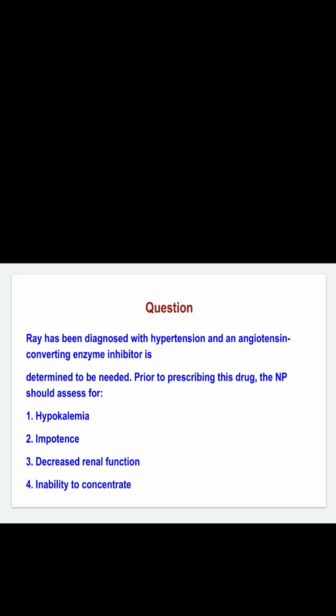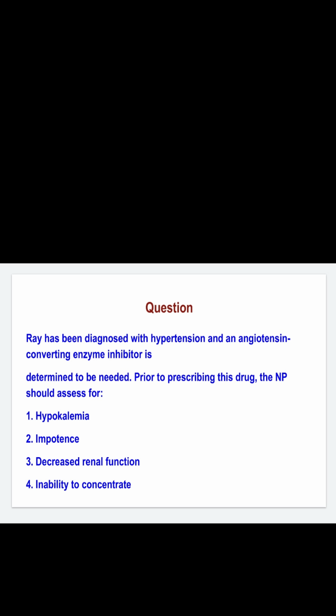Next one: Ray has been diagnosed with hypertension, and an angiotensin converting enzyme inhibitor is determined to be needed. Prior to prescribing this drug, the NP should assess for decreased renal function, hypokalemia, impotence, or inability to concentrate.